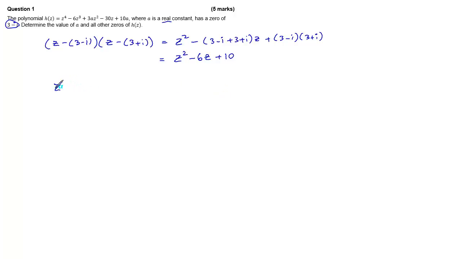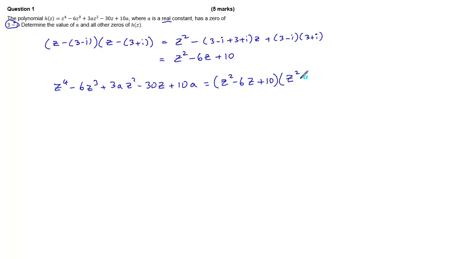So we now know that z to the 4 minus 6z cubed plus 3az squared minus 30z plus 10a is equal to z squared minus 6z plus 10, and then the other factor must also be quadratic.